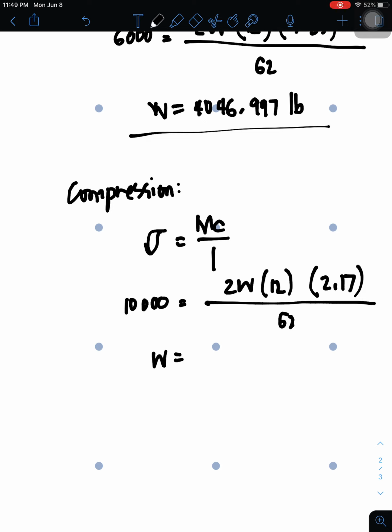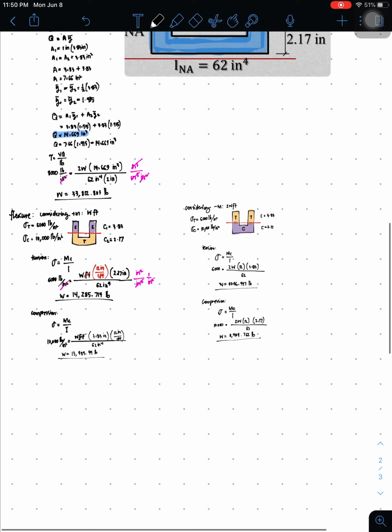So the W here is 10,000 times 62 divided by 2 divided by 12 divided by 2.17. So it's 11,904.762 pounds.